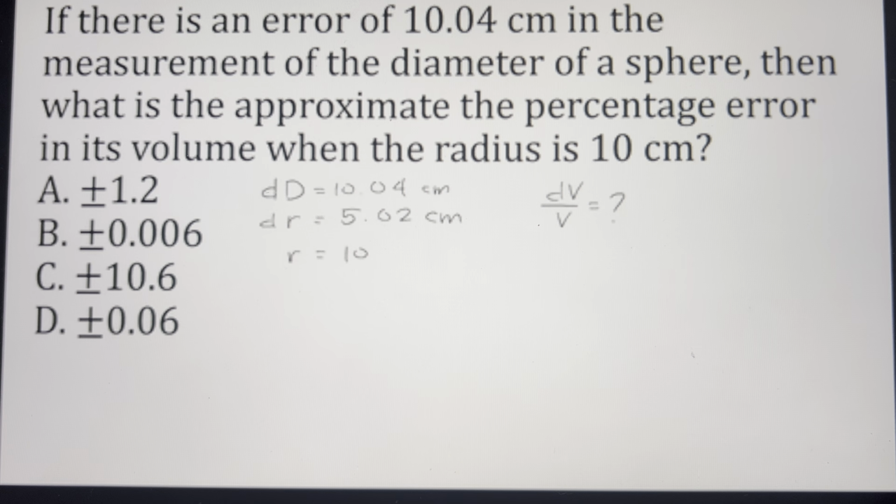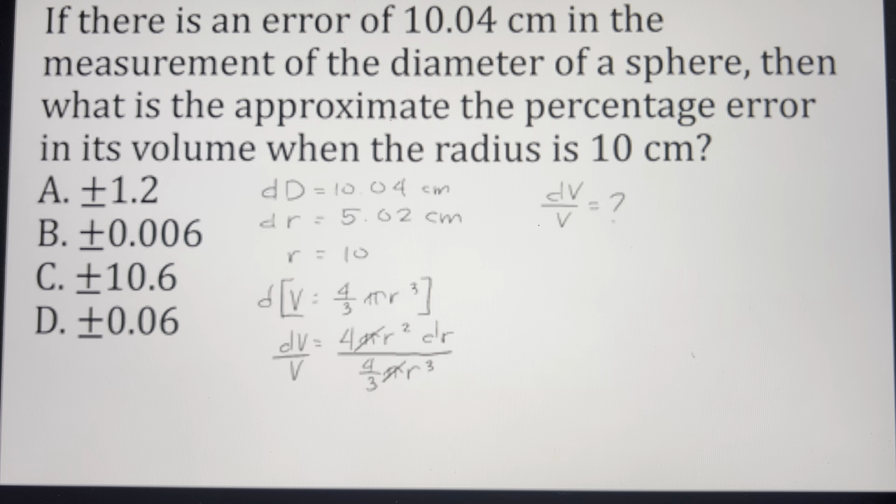So we have here the volume of our sphere as 4/3 pi r cubed. Let's get the differential of both sides. That will be dV is equal to 4 pi r squared dr. And then let's divide by V here, and volume is 4/3 pi r cubed.